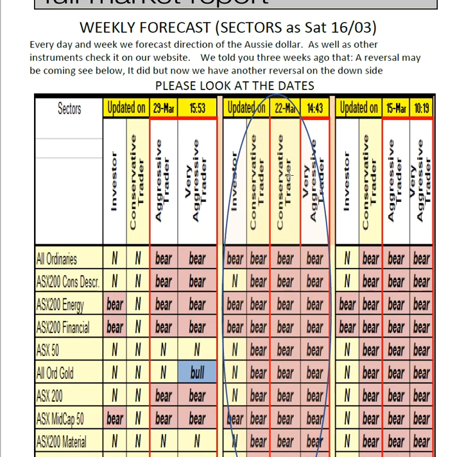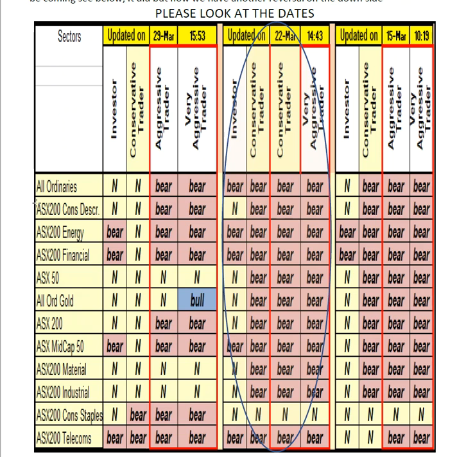This is actually the weekly sectors. You can see that the gold sector, for the first week in 3, turned for the very aggressive trader. Remember, the very aggressive trader is not a gambler, but is trying to speculate on the market, and he's in and out very quickly.